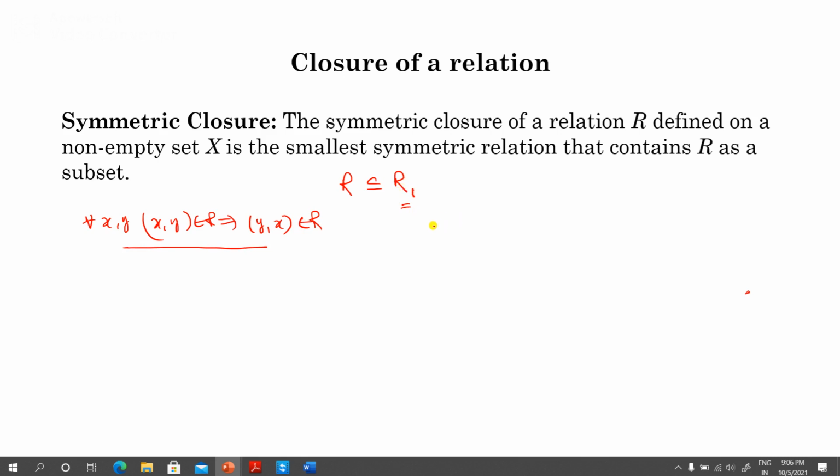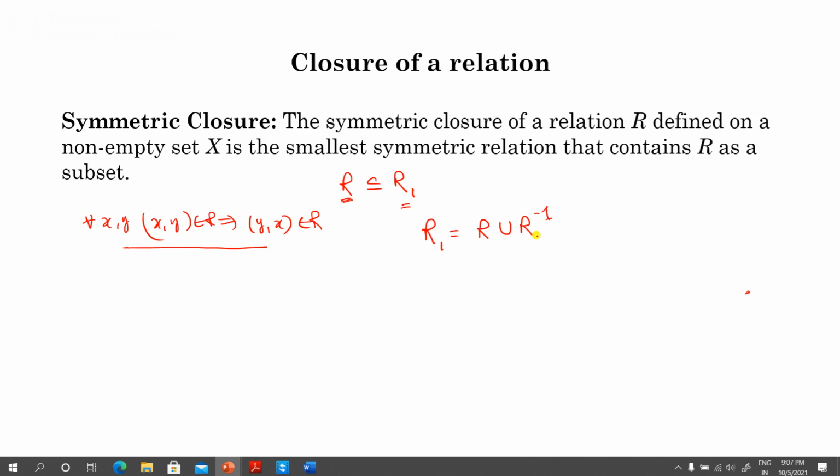To find R1, that is the symmetric closure of R, we can find the union of R and R inverse. R inverse will include all these yx. If R is not symmetric, it means for some xy, yx is not there.